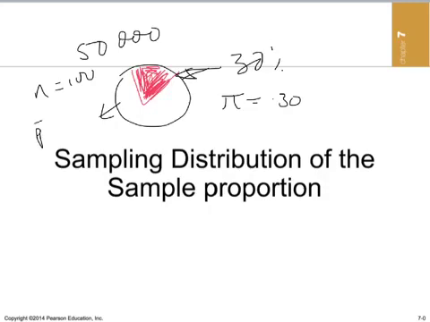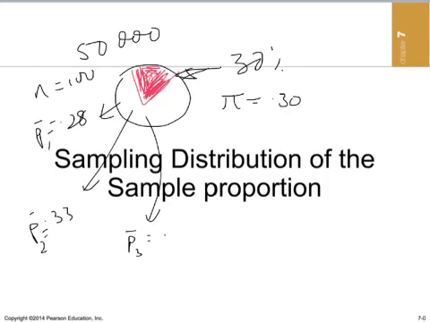So my sample proportion, the proportion of cars, maybe in that sample was 0.28, 28%. If I took another sample of 100, the proportion could be 33%. If I take another sample, it might even go to 35%. Let's call that P1, P2, P3.